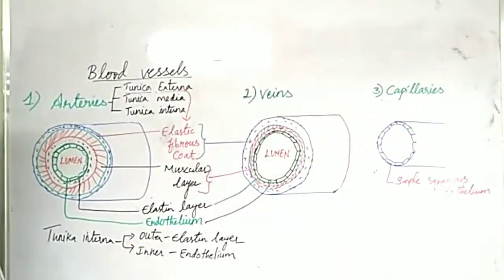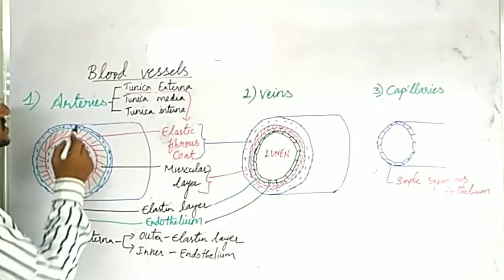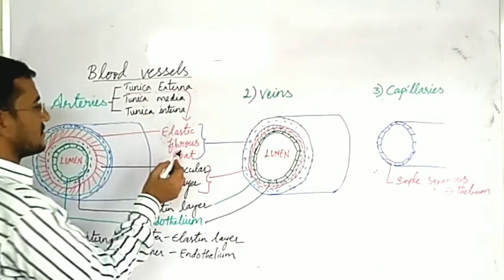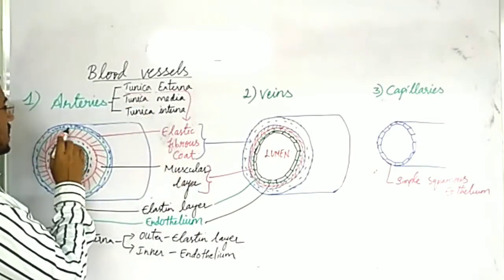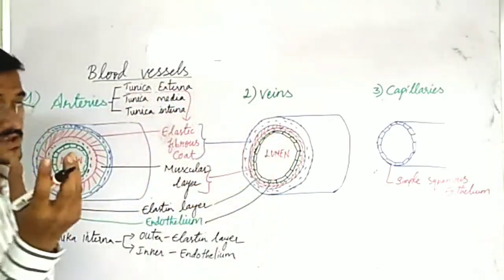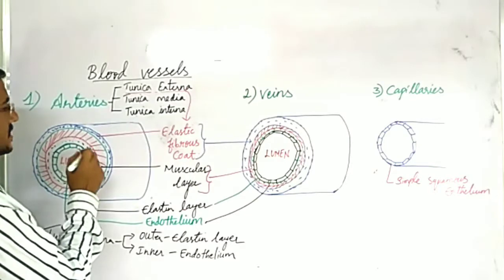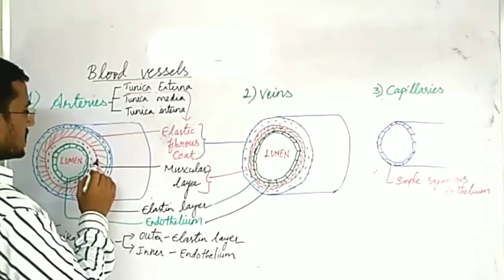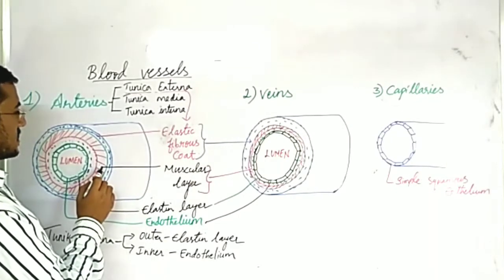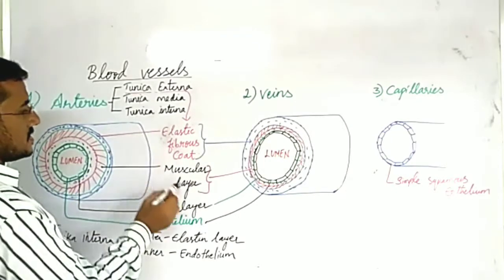See the differences in the structure. Here the outer layer, that is tunica externa or elastin fibrous coat, is very thin, but in veins it is thicker. The next layer is tunica media, which is made up of muscle, that is a muscular layer, and next the elastin layer.